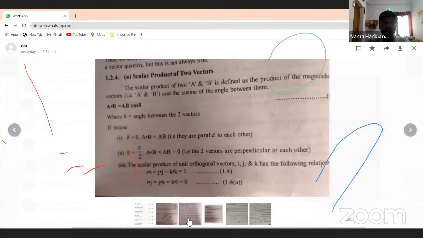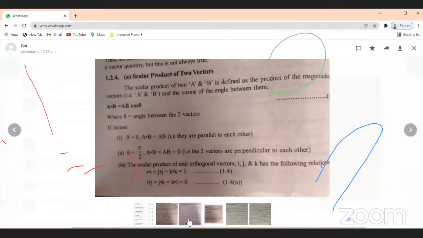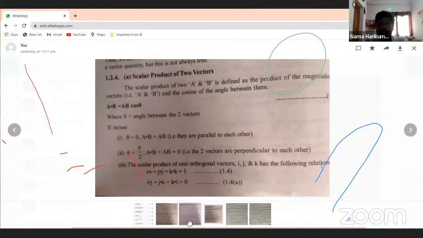So next one, j cross I equal to minus k. Next, k cross j equal to minus I. Last one, I cross k equal to minus j. All are minuses.